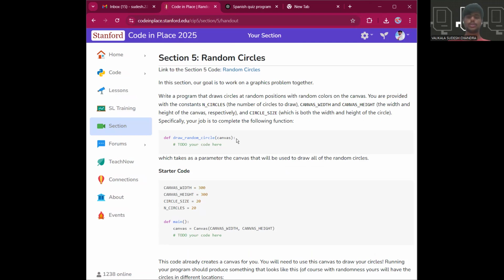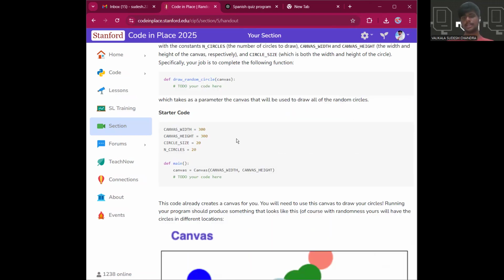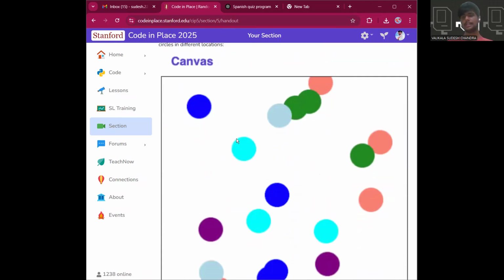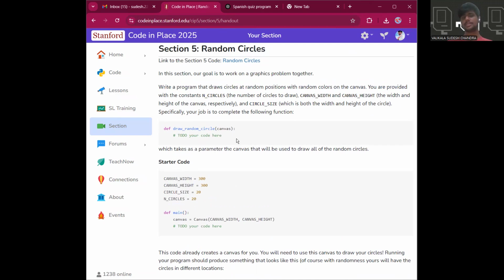So this was the problem agenda that we talked about: random circles. In simple terms, we are provided with a canvas, which is like a white paper where we have to draw something. Here we are drawing circles.